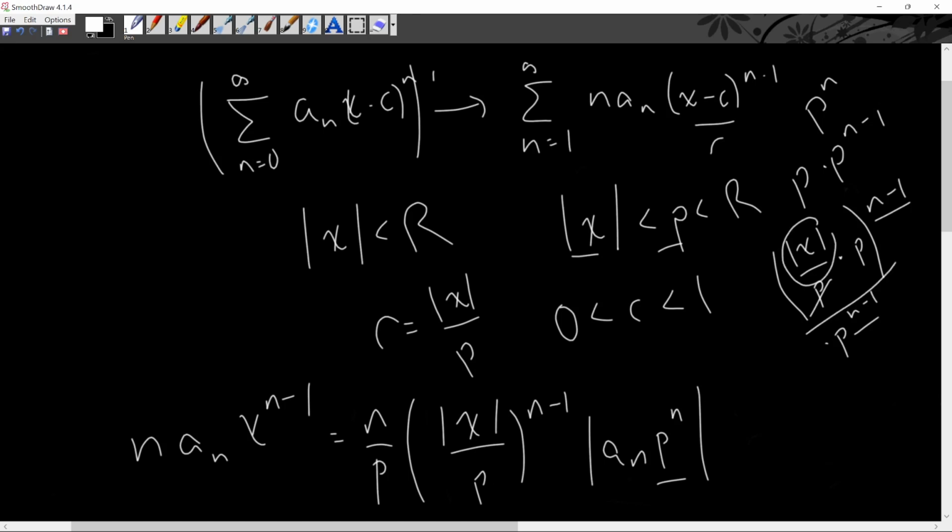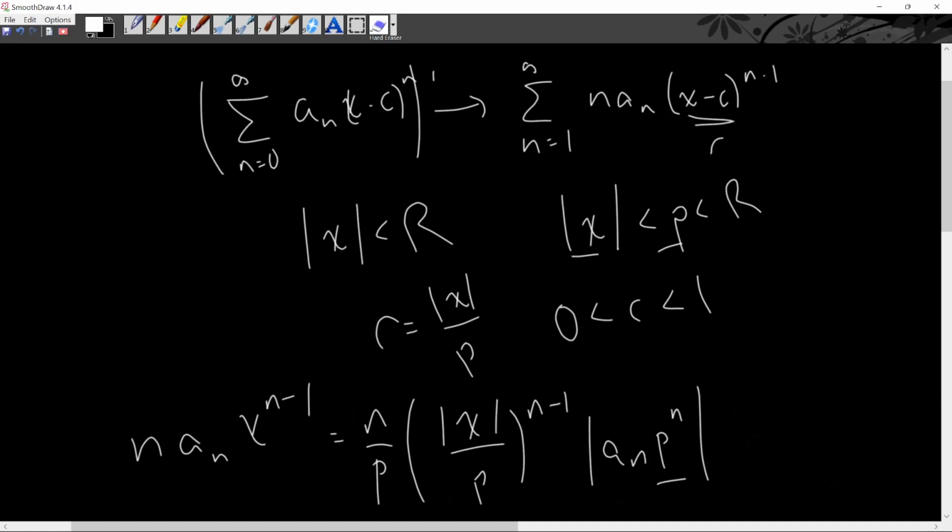And the absolute value of x is again this expression, x minus c, because c is equal to 0 for this. So now that makes sense. Now this can be rewritten as n times r to the n minus 1 over p times a sub n times p to the n, right?